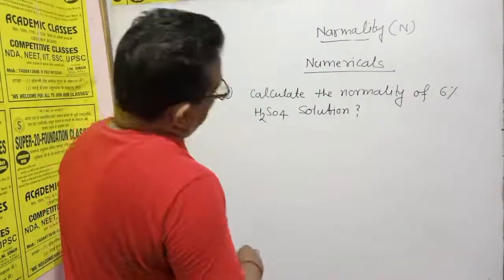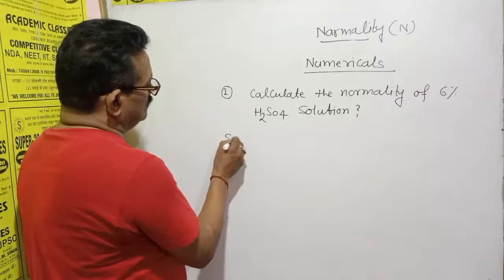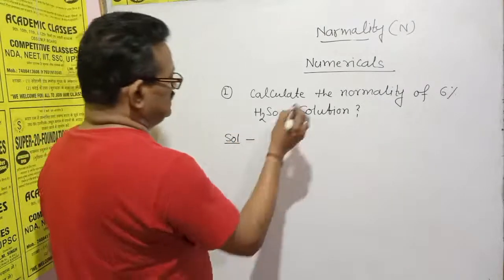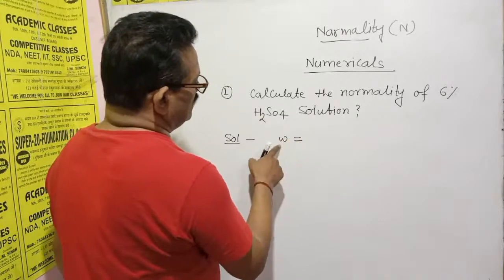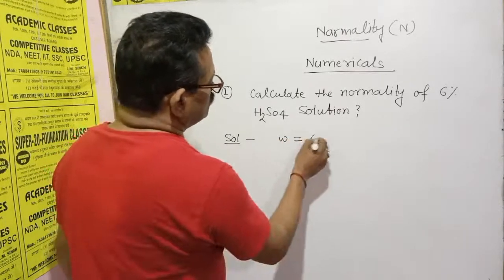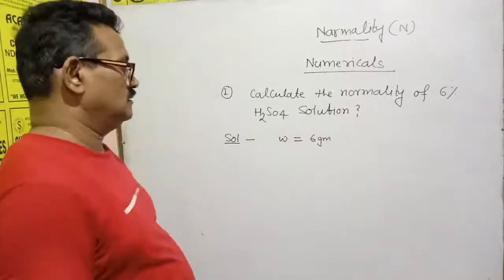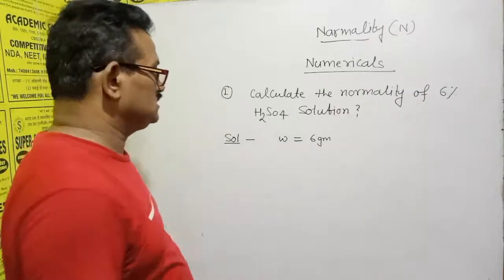6% means weight of solute, small w, is equal to 6 gram.